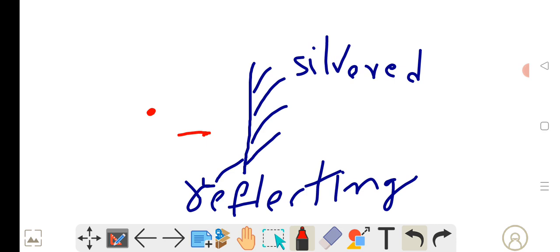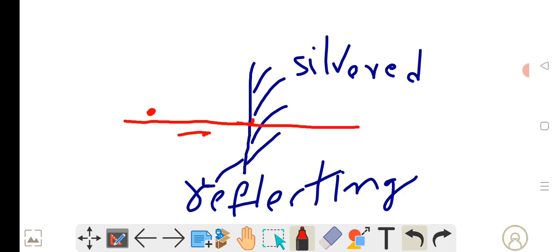Now I am just taking the normal to this mirror. I am considering the midpoint of the mirror, and from there I will draw the normal. What a normal is, we have also discussed. So I have drawn the normal in front of the reflecting surface, and in the same way behind the reflecting surface also.